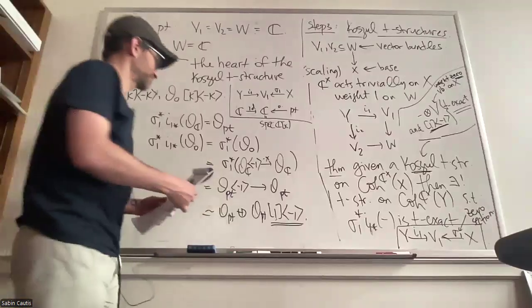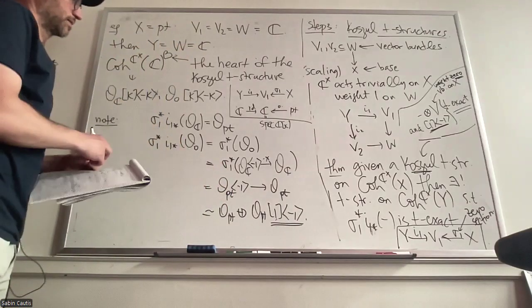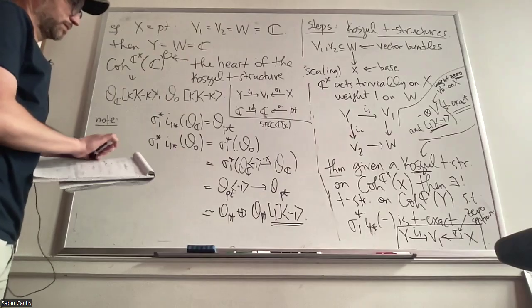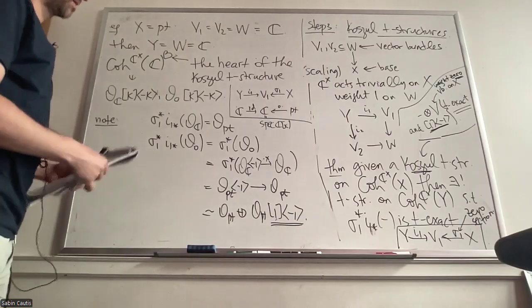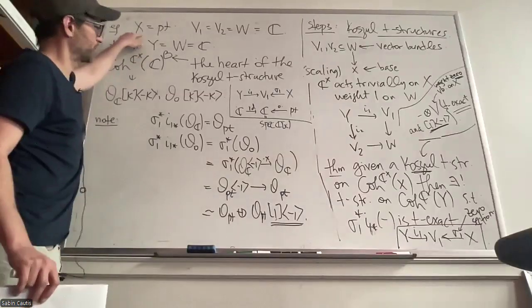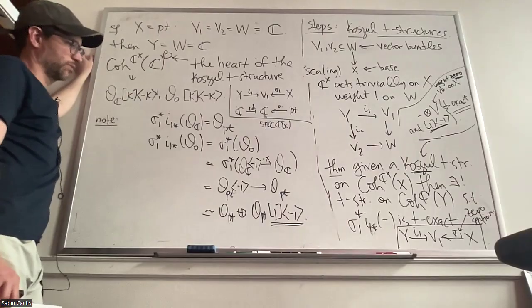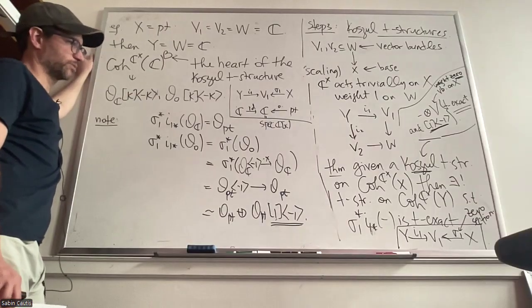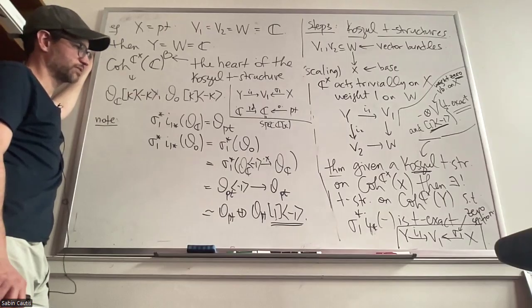Because the C star acts on the point trivially, each of the coherent sheaves becomes vector spaces, but they are representations of C star. Yeah, so on a point, we're just talking about representations of C star. So all the objects are representations of C star.